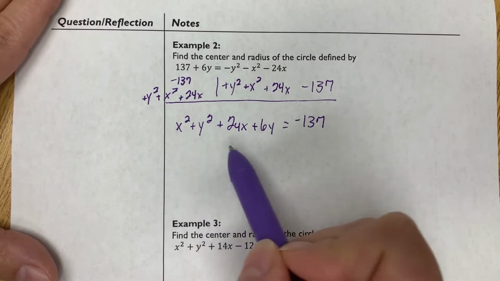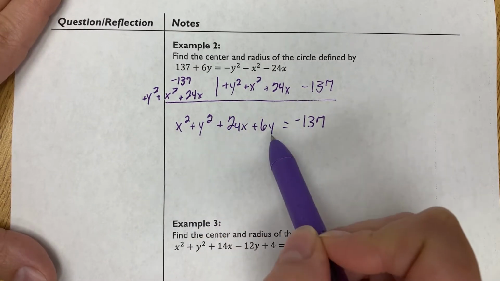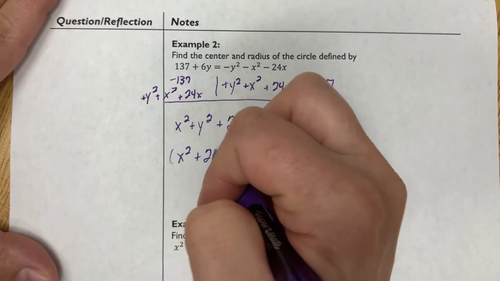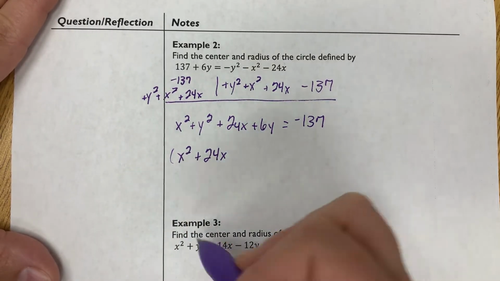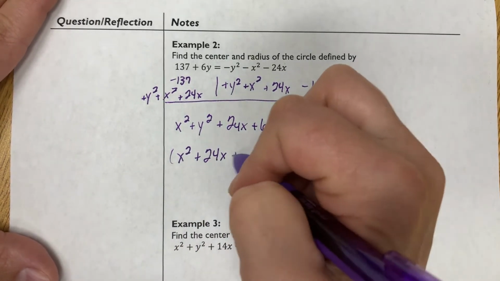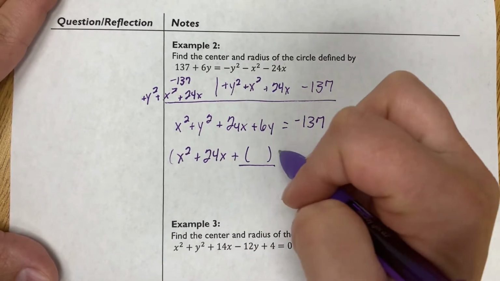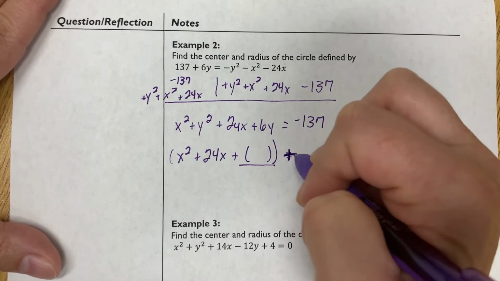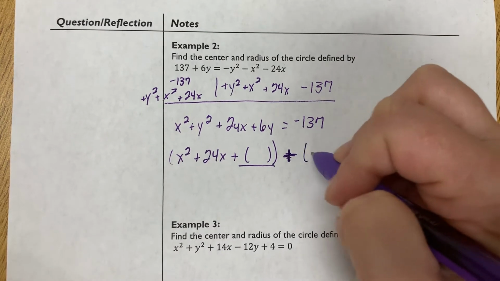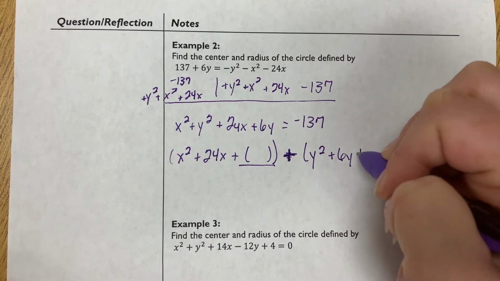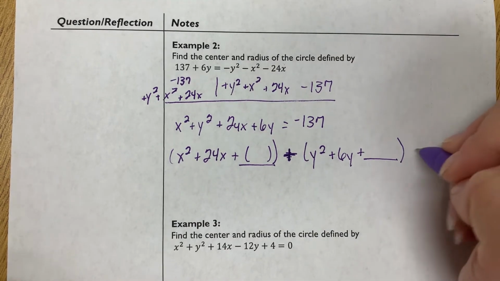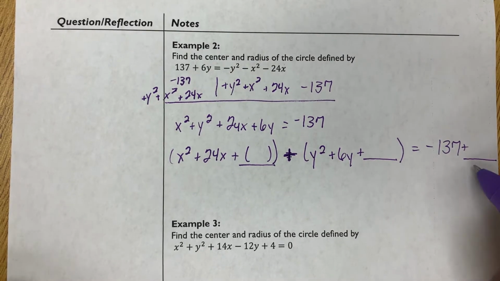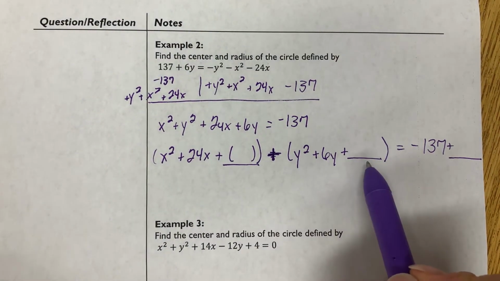Now again, I'm going to rearrange it so that our x's are together and the y's are together, and leave a placeholder for what we're eventually going to be adding to create our perfect square trinomials. x squared plus 24x plus some number is equal to, excuse me, we're going to keep adding. We've got to do our y's. y squared plus 6y plus some number, there we go, is equal to -137. And again, we're going to be adding some numbers here as we create these perfect square trinomials.